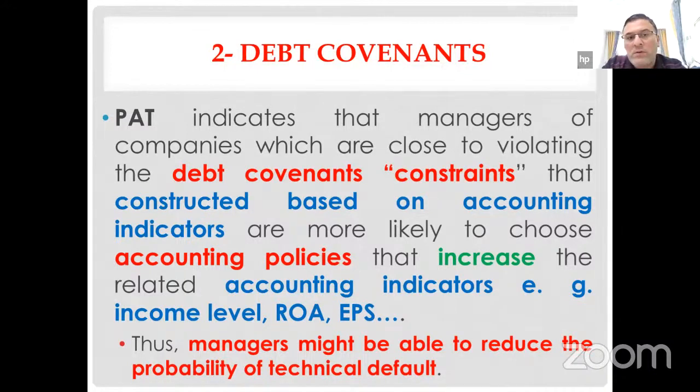So positive accounting theory indicates that managers of companies which are close to violating the debt covenants or debt constraints, constructed based on accounting numbers, are more likely to choose accounting policies that increase these accounting indicators. Thus, in this situation, managers might be able to reduce the probability of technical default.